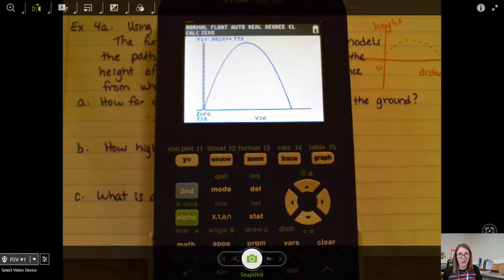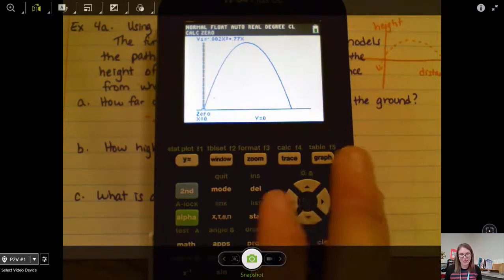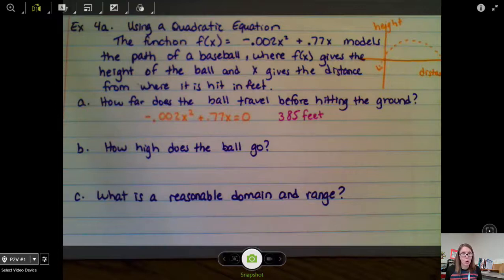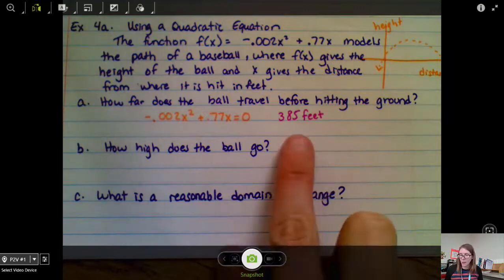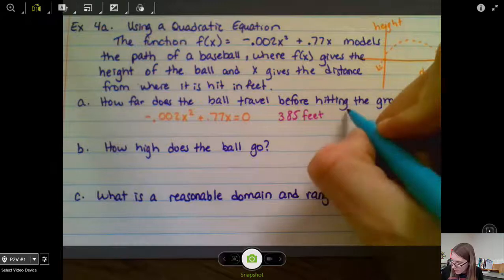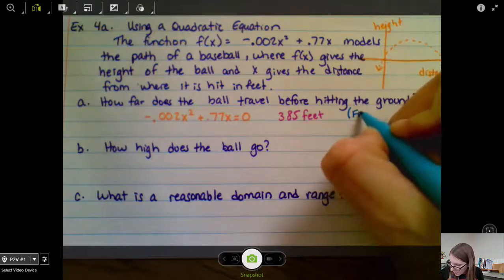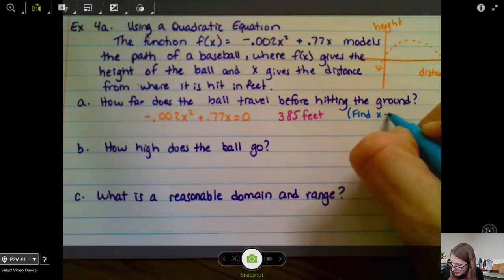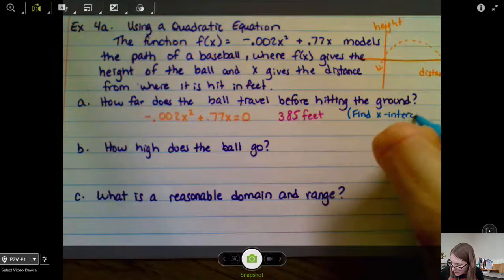All right, so 0. Okay, 0 feet, the ball probably didn't really go 0 feet. That's just where the ball started. So at 385 feet, our ball went before hitting the ground. Part B, how high does the ball go? Actually, before we go on to that, I'm going to make a little note here that we need to define our x-intercepts.